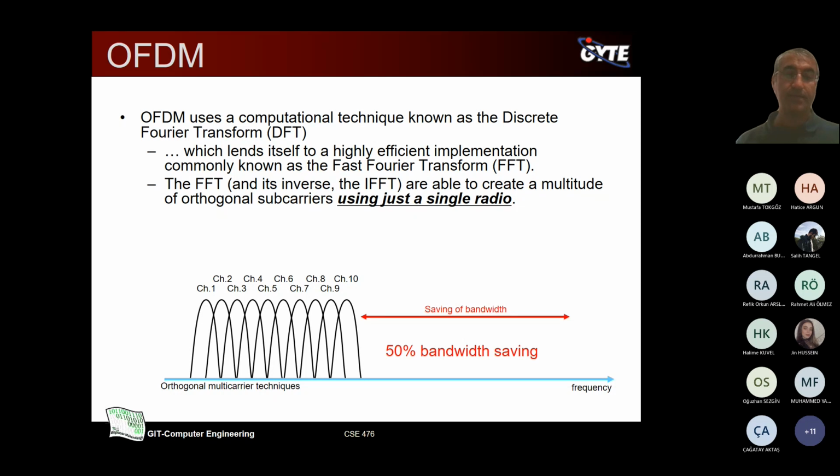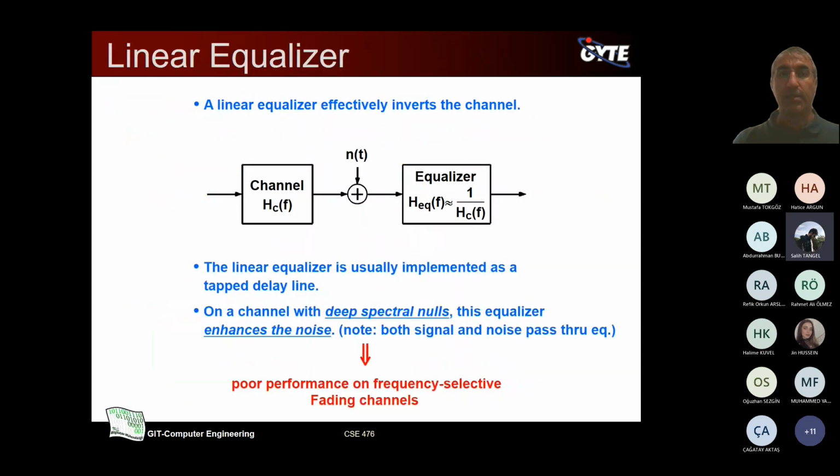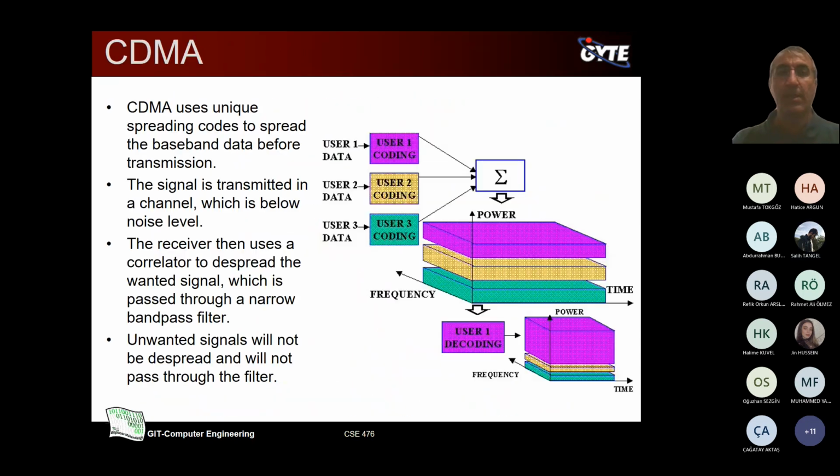Any question? Sir, can you compare CDMA and OFDM again? What are the pluses and minuses? So first of all, CDMA is like an apple and OFDM is an orange, so we cannot compare. It's a different technology. CDMA is a multiple access technology.